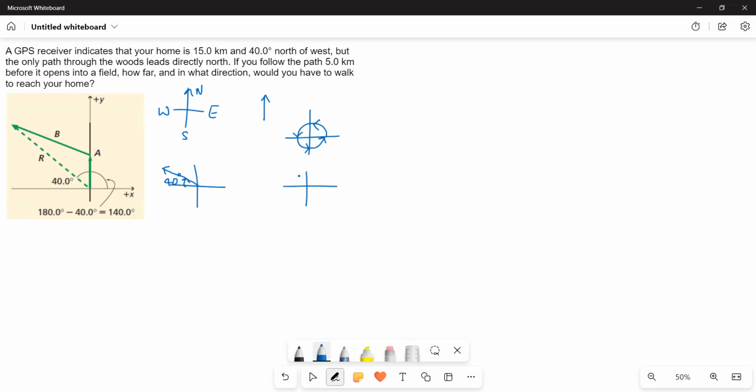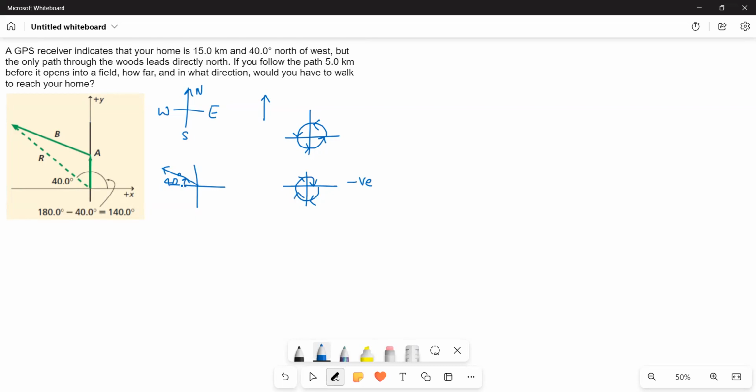If you measure the angles in the opposite direction, then the angle will be negative. So here 40 degrees is given in this direction towards north. So it is a negative direction.